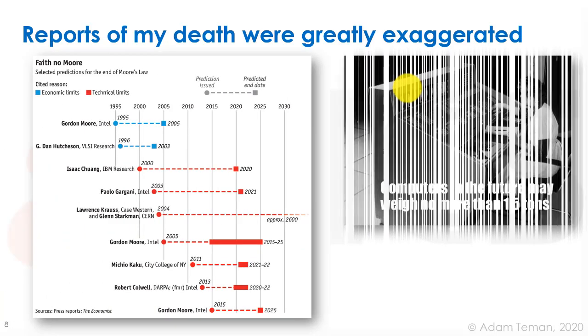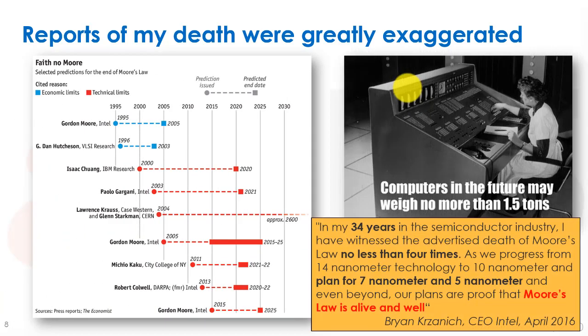Here's a graph put out by The Economist several years ago with the many times that people have famously killed Moore's law, including Gordon Moore himself, who did it several times. Remember, the original Moore's law was only a 10-year law, from 1965 to 1975, a 10-year prophecy or expectation. But then it was obviously expanded during the years by Moore or by others. Even Gordon Moore himself had prophesied its death many, many times.